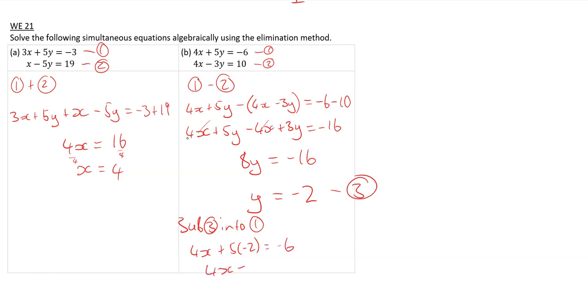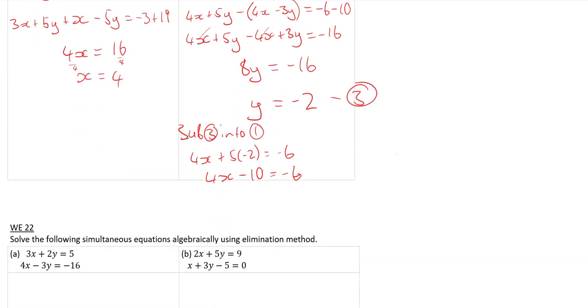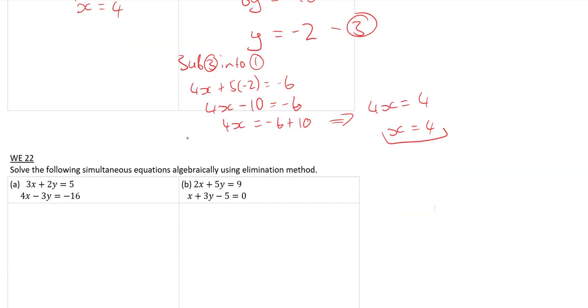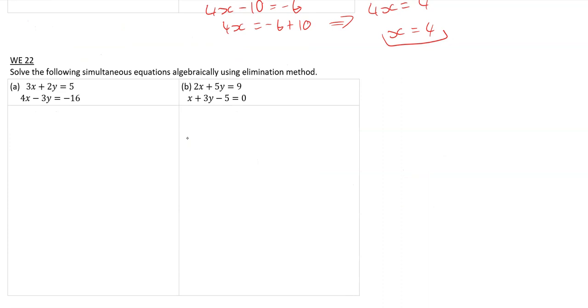So 4x minus 10 equals negative 6. And that then means that 4x equals, moving the negative 10 over becomes positive 10, negative 6 plus 10. 4x then equals negative 6 plus 10 is 4. Clearly then x must equal 4. And there's my solution. Oh my goodness, there's still another one to go, and that's 758.